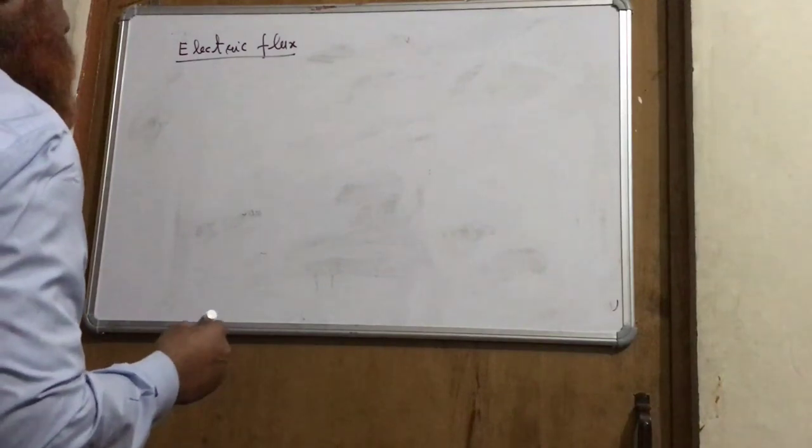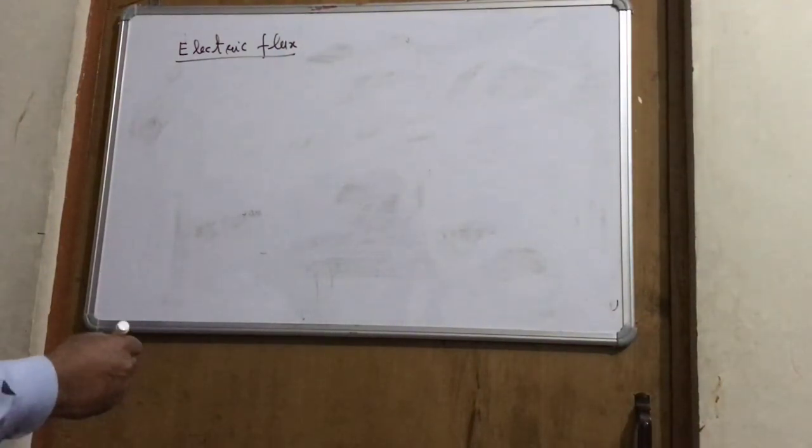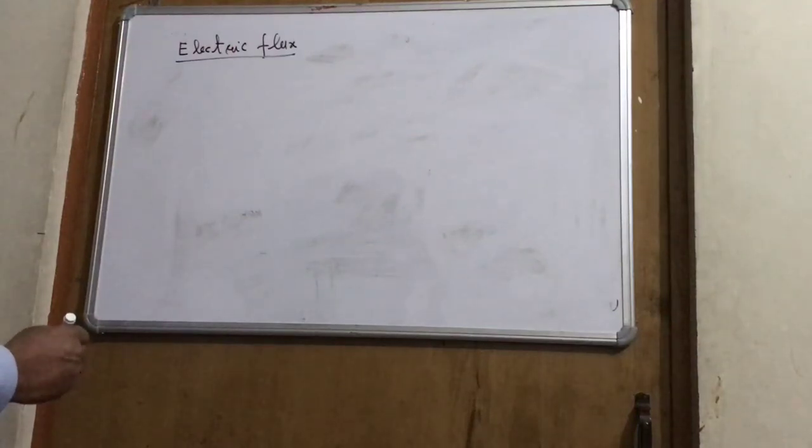You know first what is electric field? Qualitative definition of electric field: the total number of electric field lines passing through any area perpendicular to that. Electric field is a vector quantity.